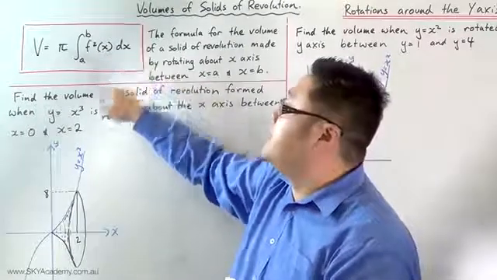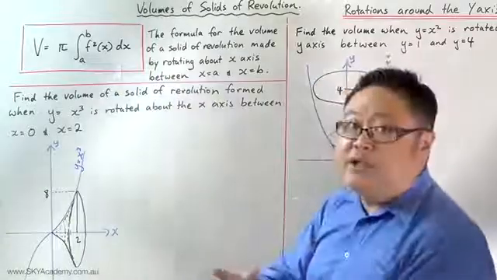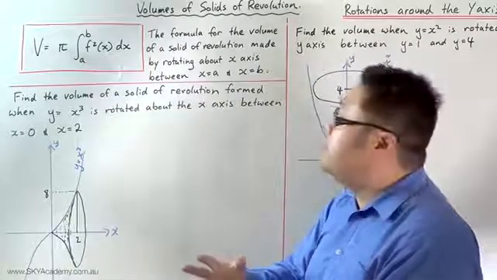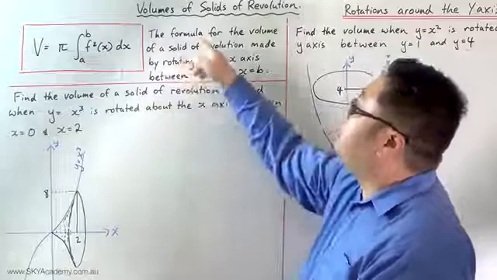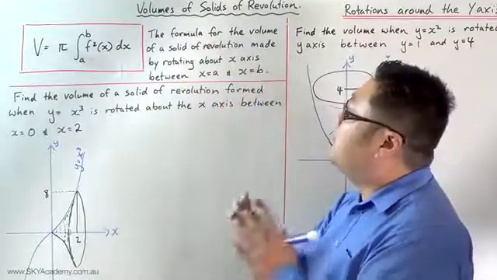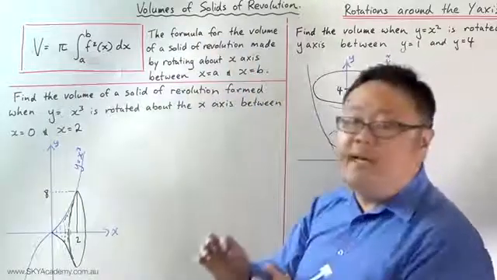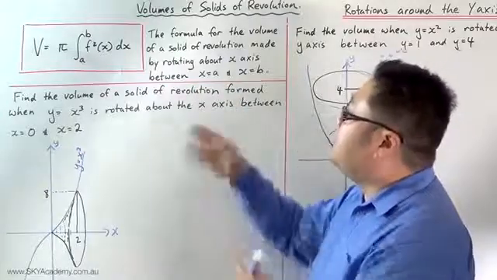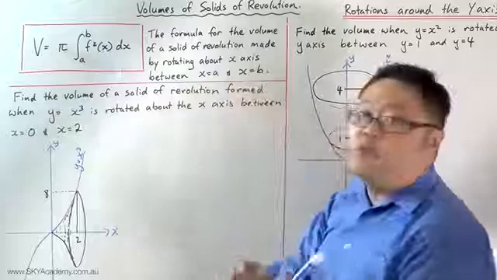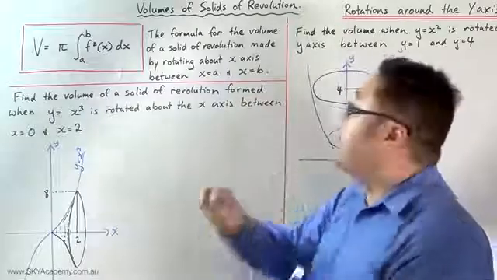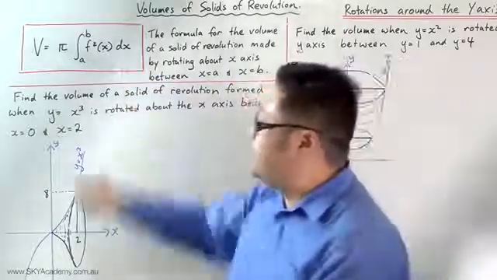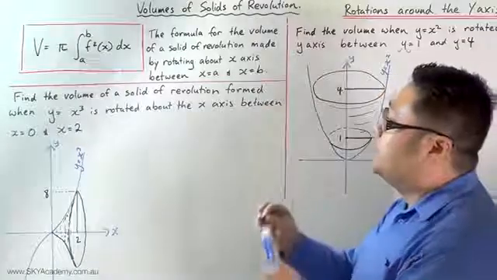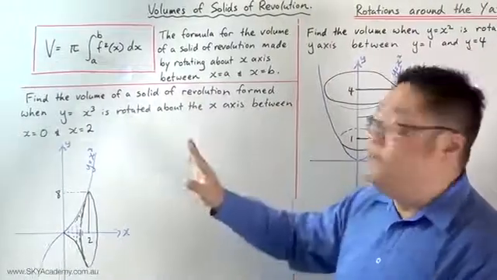I'll show you how to do specific examples like this, but this is the formula for the volume of a solid of revolution made by rotating that function about the x-axis between x is equal to a and x is equal to b. Good.